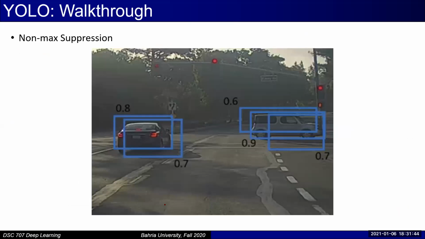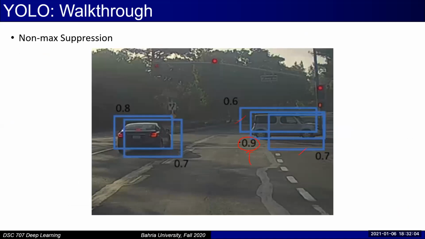And like all other algorithms, non-maximum suppression is also applied in this case. The algorithm, if you remember, is that we pick the one with the maximum probability, which is 0.9 here, and we discard all other boxes overlapping with this 0.9 box.